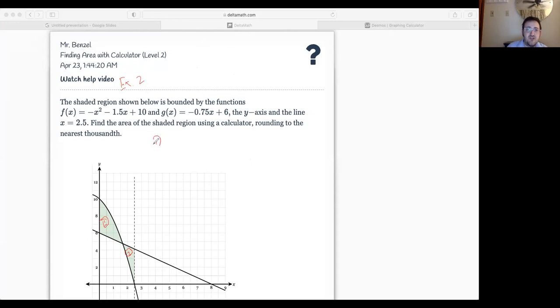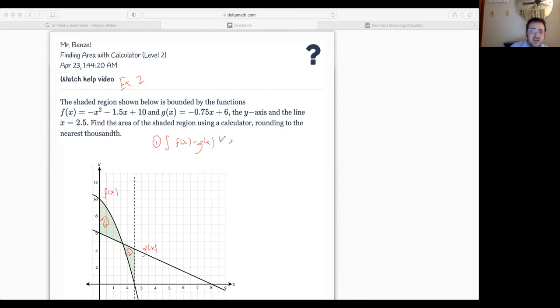For region 1, we're doing the top and the bottom. So f of x is the curvy, and the straight line is g of x. And what we can see in region 1 is that we are doing f of x minus g of x.